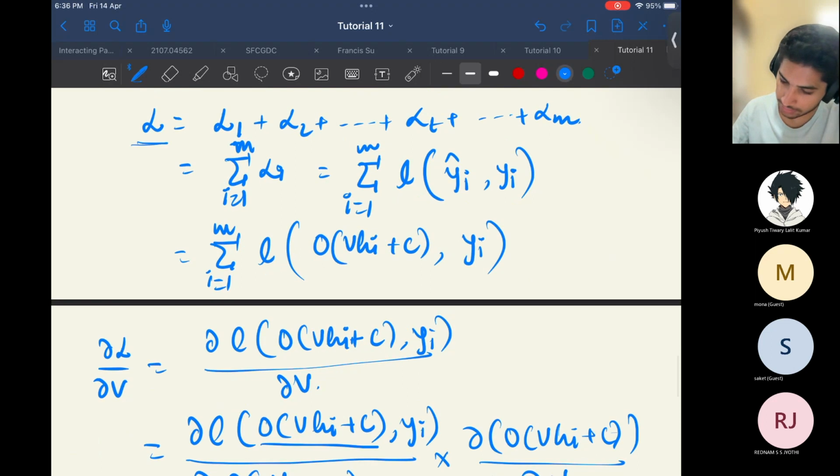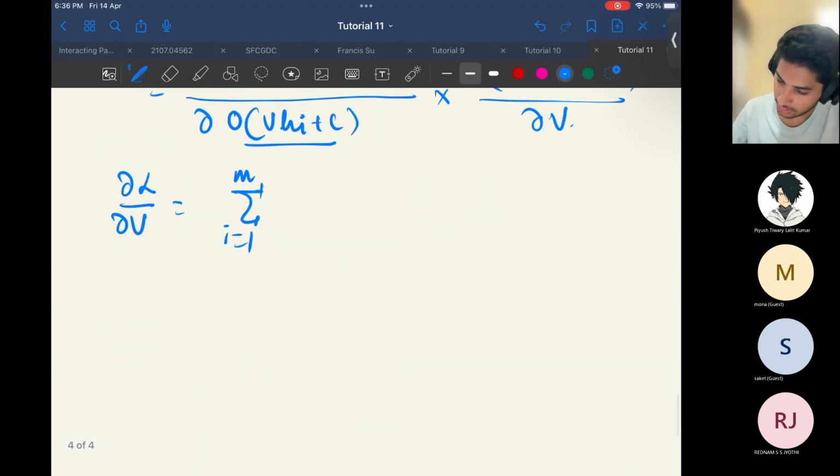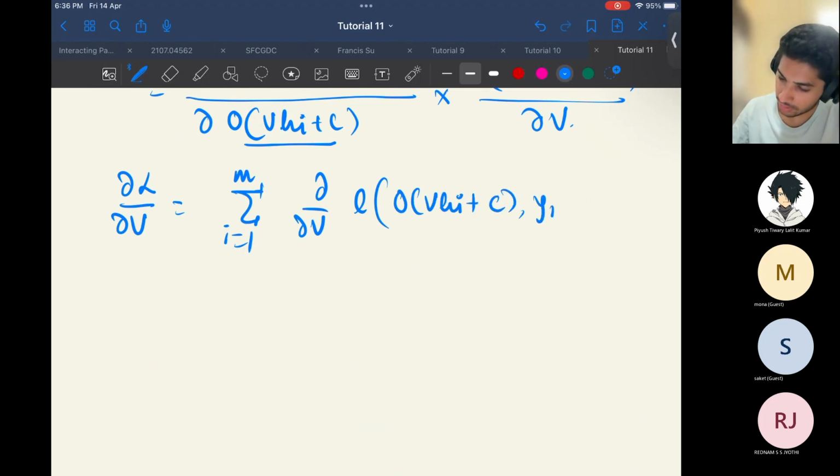So taking this from here, del L by del V will be nothing but the summation of i equal to 1 to M of del by del V of l of O of V hi plus C, comma yi. Nothing great, it was very simple.